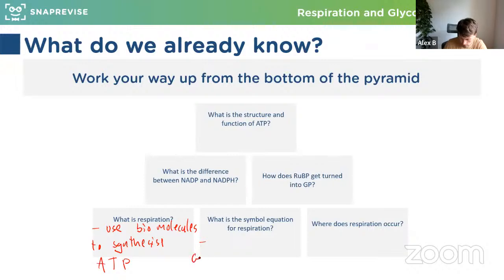So you have glucose plus oxygen goes to CO2 plus H2O. Oh, sorry, we're doing the symbol, aren't we? Okay, so the chemical formula for glucose, C6H12O6, and you have 6 of all the other molecules. Yeah, nice, exactly. I think everyone's got that correct.